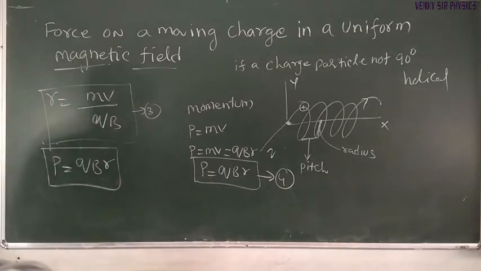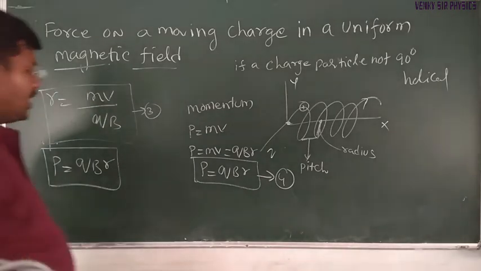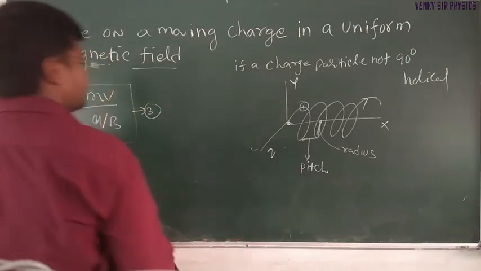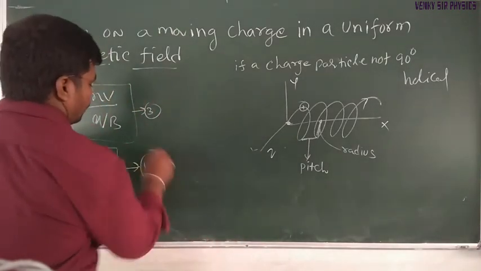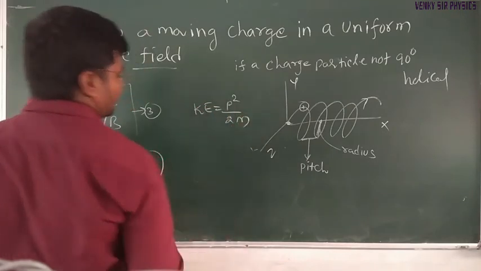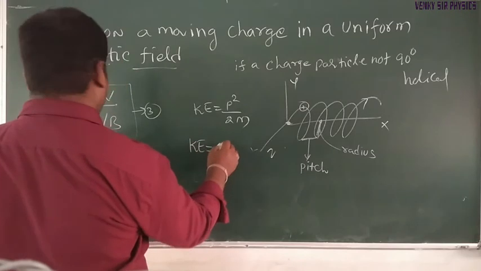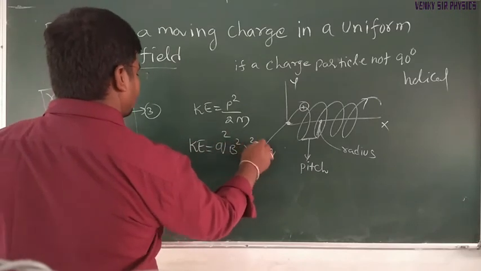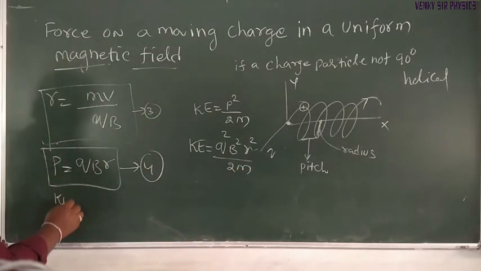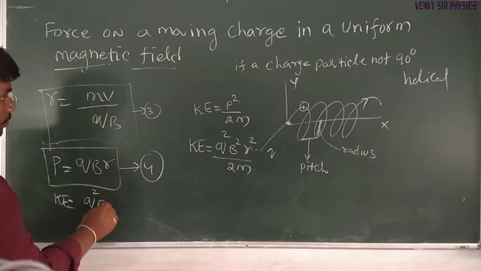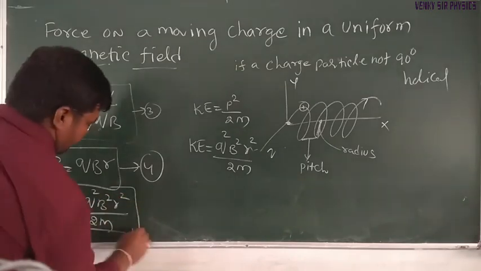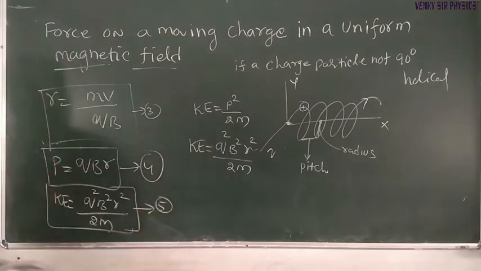Understand? Next, we have to find kinetic energy. We know the relation from equation 4: kinetic energy is equal to p square by 2m. So kinetic energy K is equal to q square B square r square divided by 2m, equation 5.